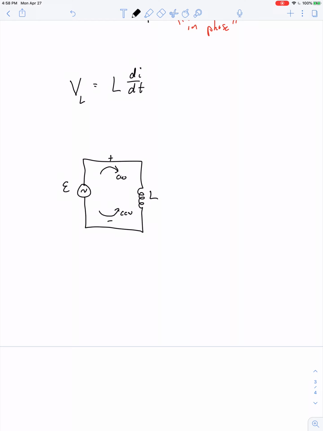And there'll be some moments in time when the current is equal to 0. For sure, a graph of current versus time is going to be sinusoidal, and let's just assume that it's a graph of cosine. So we'll say I is equal to some maximum current times cosine omega t.